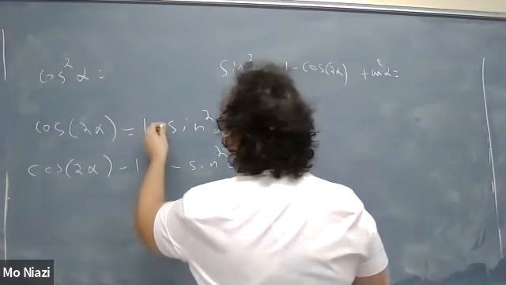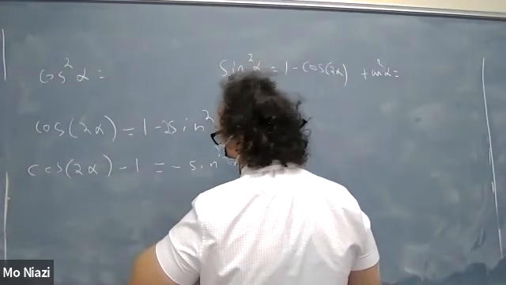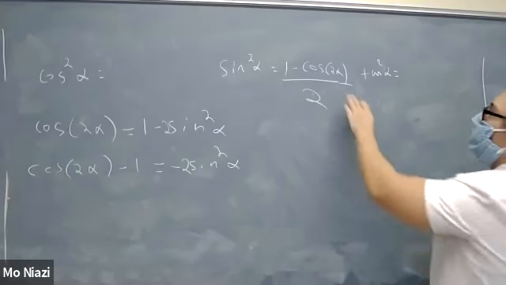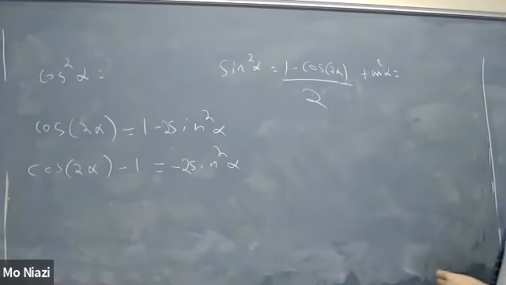There is actually a 2 here that I dropped. So let's not forget that there's a 2 here. And so at the end, it is 1 minus cosine of 2 alpha when we distribute the negative part, but there also needs to be that dividing by 2 part, right? We also got to divide it by 2.